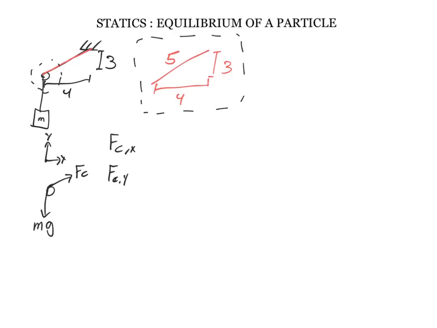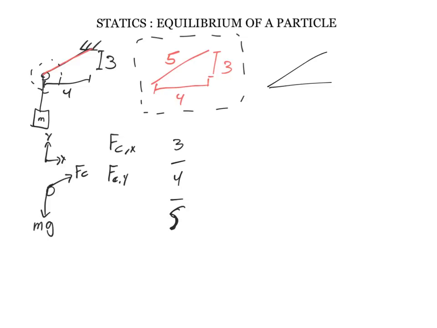if we know this geometry? What we know is that the ratio between the geometry and the forces will be the same. So the ratio of 3 over 5, or 4 over 5, will be the same as the ratio of the forces.